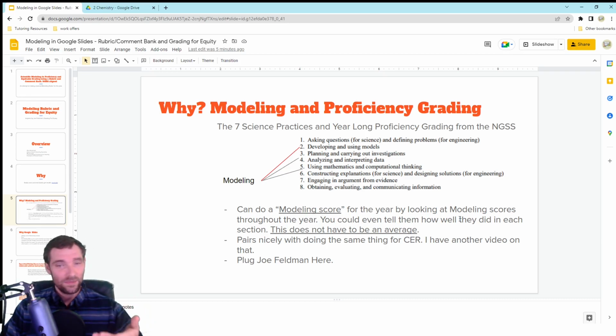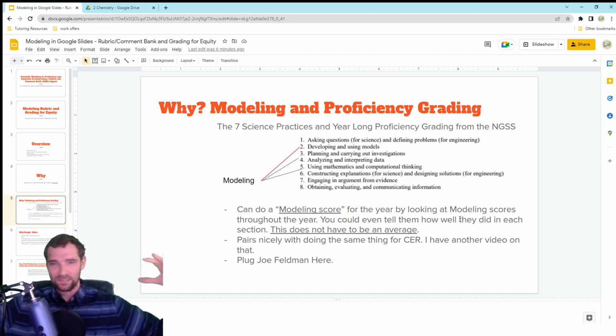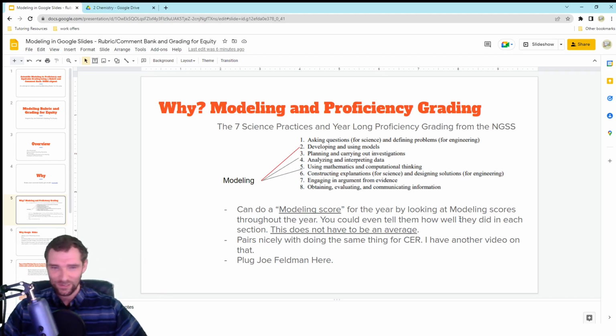And you can do the same thing with modeling. You can say their modeling is at this level based on these assessments. It doesn't have to be an average. See my video on retakes and grading practices to help understand a little bit more about how you could take all those scores and combine them into a grade using proficiency grading.